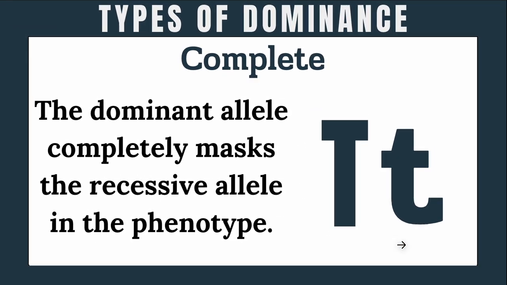So let's look at some types of dominance. You have complete dominance. So this is the dominant allele completely masks the recessive allele in the phenotype. So if you have this uppercase T represents tall and this lowercase represents short, then this person's going to be tall because they have that dominant gene.